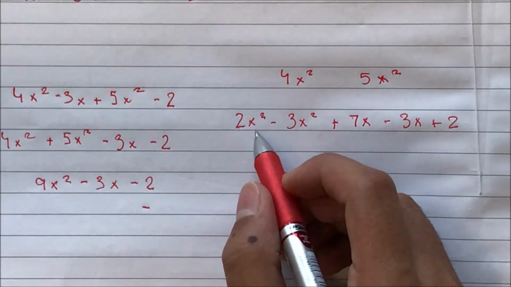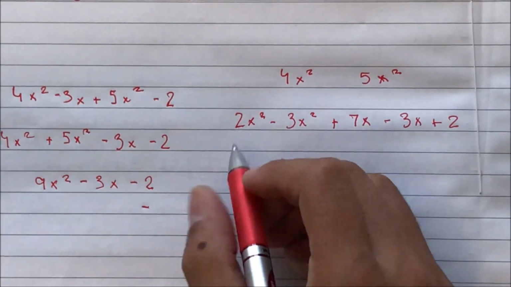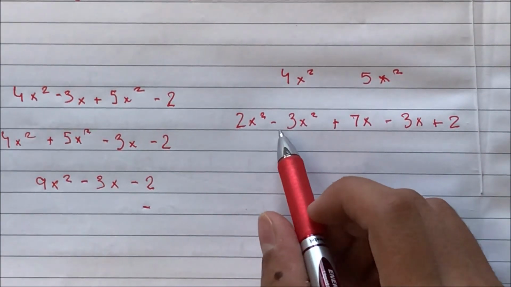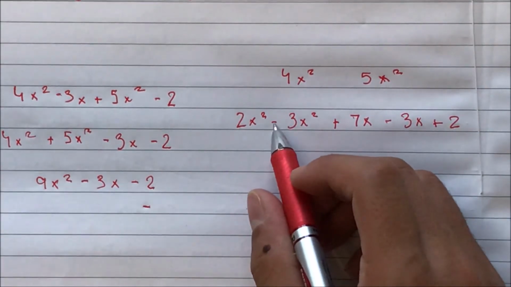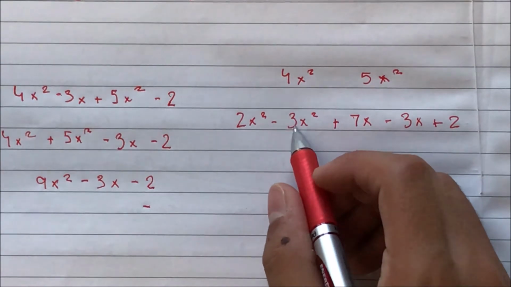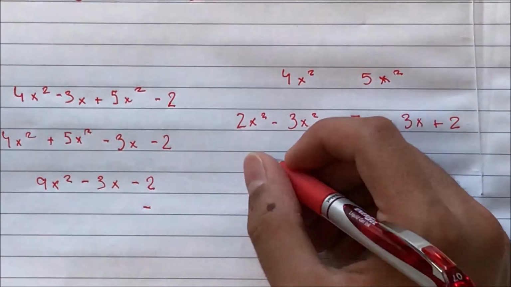So this 2 times x to the power of 2 and 3 times x to the power of 2 are like terms. And we're subtracting them because there's a negative sign in front of the 3, which means this is negative.